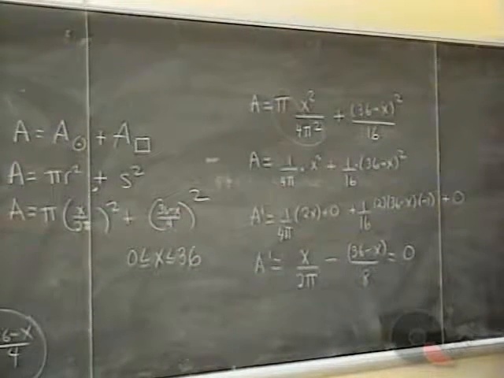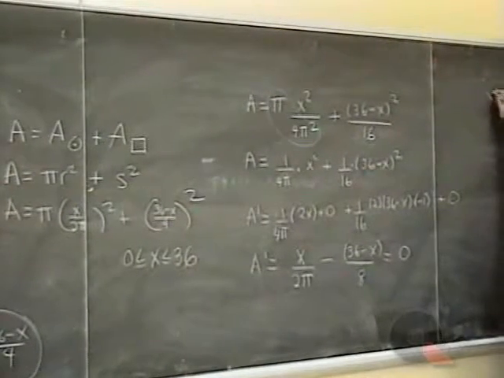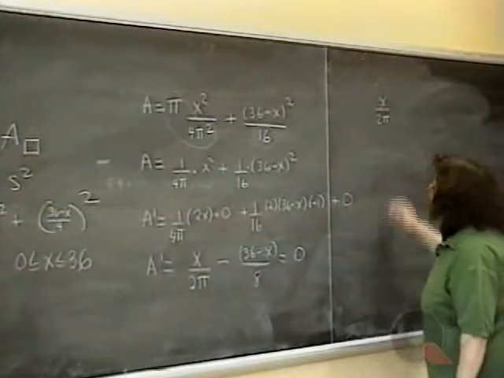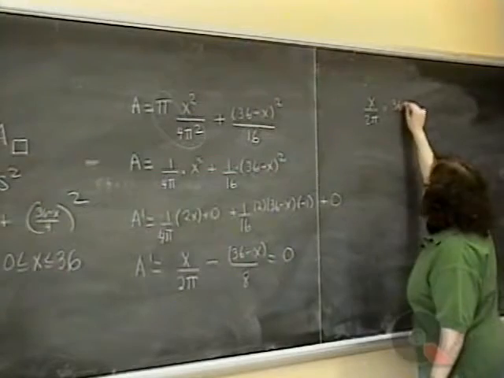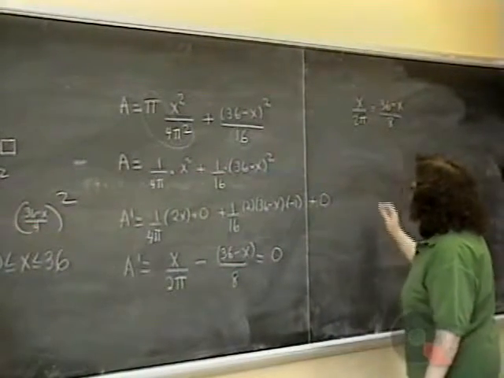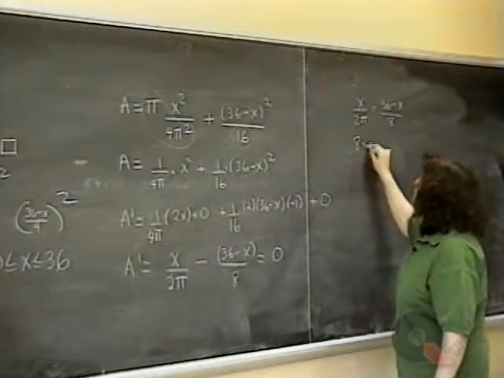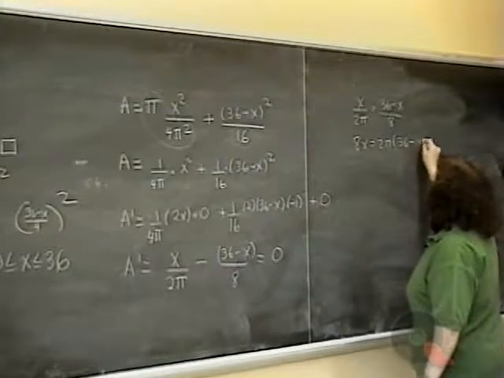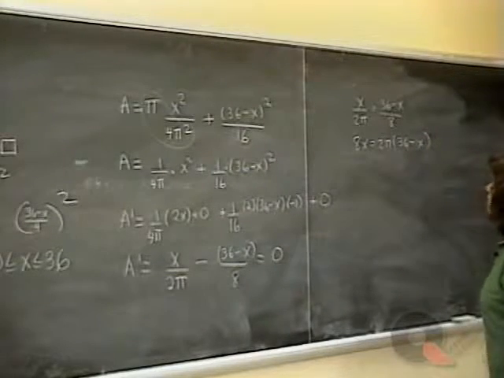Okay, setting this equal to 0, we can transpose: x over 2 pi is equal to 36 minus x over 8. Cross multiplying, 8x is 2 pi times 36 minus x.